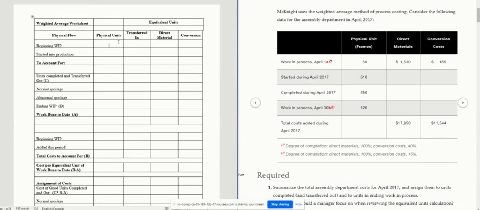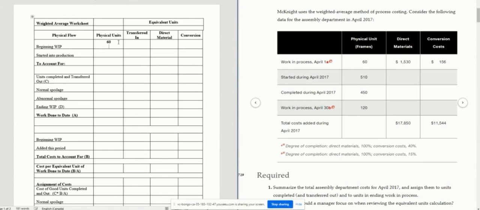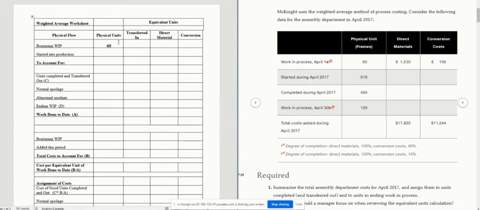So we have 60 physical units. Oops. How many did we start into production? 510, which means that we have 570 to account for, right? So that's pretty straightforward. So what happened to those 570?